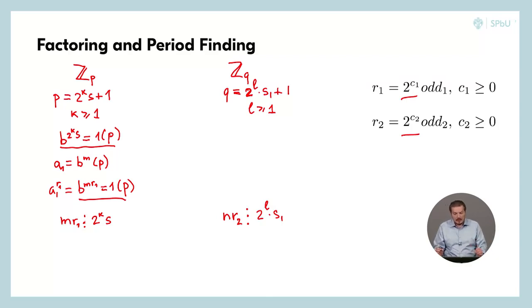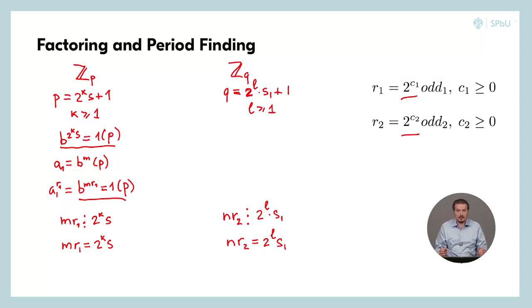Okay, the worst case for us here is if we have not a multiple here, but M R1 equals 2 to the power K multiplied by S, and here N R2 equals 2 to the power L S1.